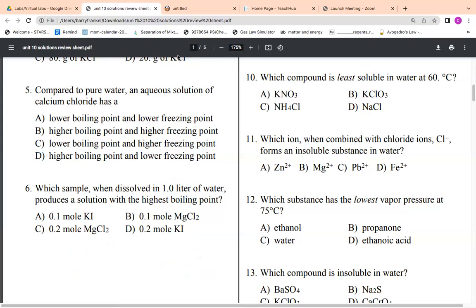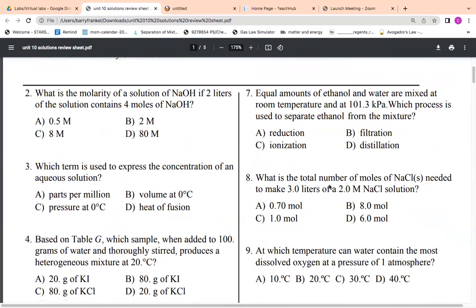Number 7, equal amounts of ethanol and water are mixed at room temperature and at 101.3 kPa. Which process is used to separate ethanol from the mixture? This is talking about ethanol, which is an alcohol, and water, 2 liquids.